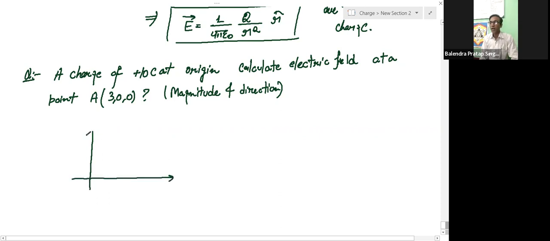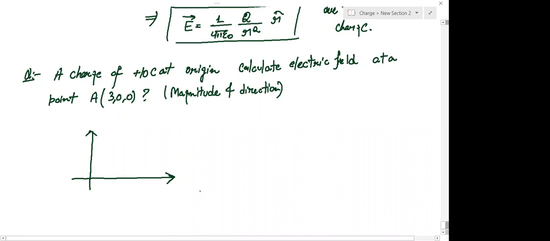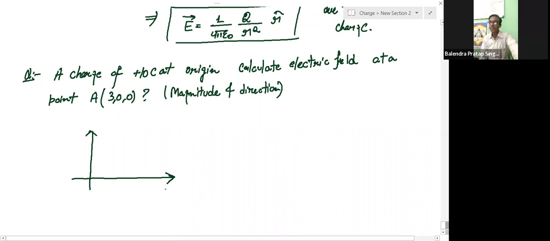Tell me, Saifullah, the horizontal axis is X or Y? X. We consider this axis as the X axis and this is our Y axis.